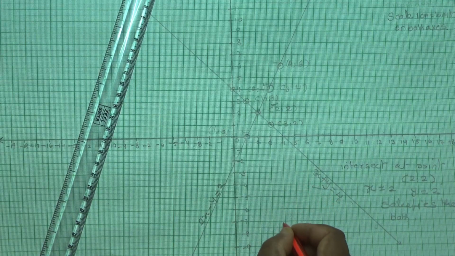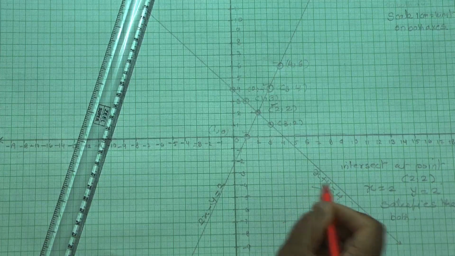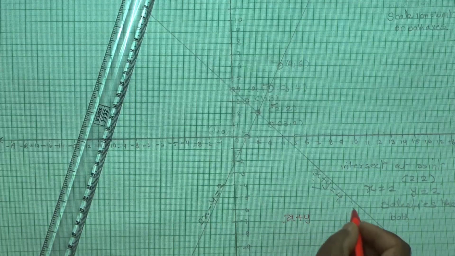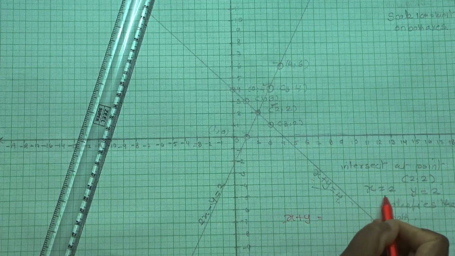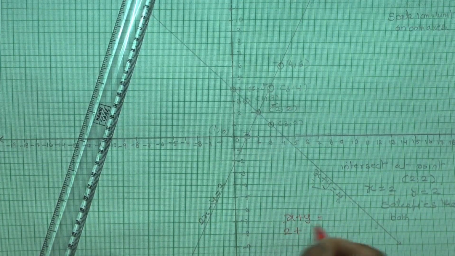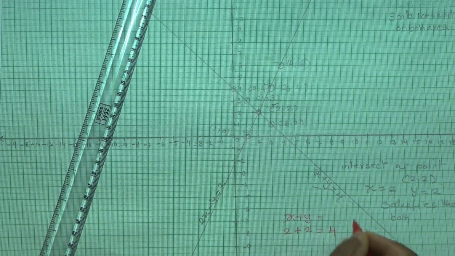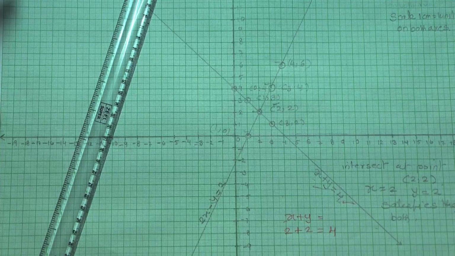See, let me do it. Suppose I place in this equation x plus y: x is how much? 2. Plus y is how much? 2. So how much did I get? I got 4. So it satisfies the equation.